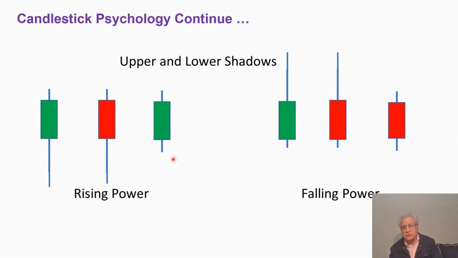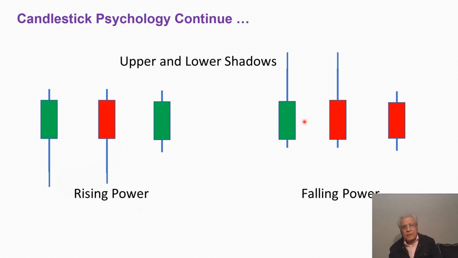Upper and lower shadows are equal. And for these two, the body, regardless of the color, is above the midsection. So that is considered a bullish pin bar. So that is a rising power.